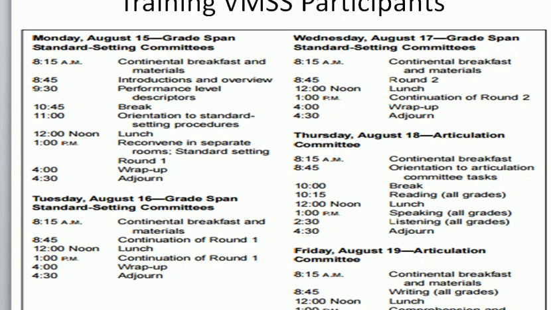12 noon lunch. At 1 p.m. continuation of round 1, and at 4 p.m. wrap up, and 4:30 adjourn and end of the meeting. And Wednesday, third day, 17 August, grade span standard setting committees.